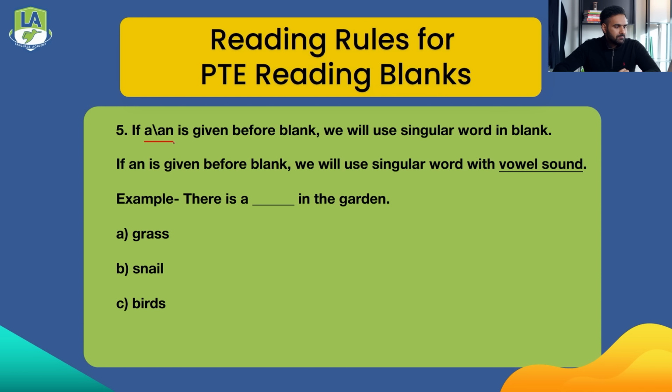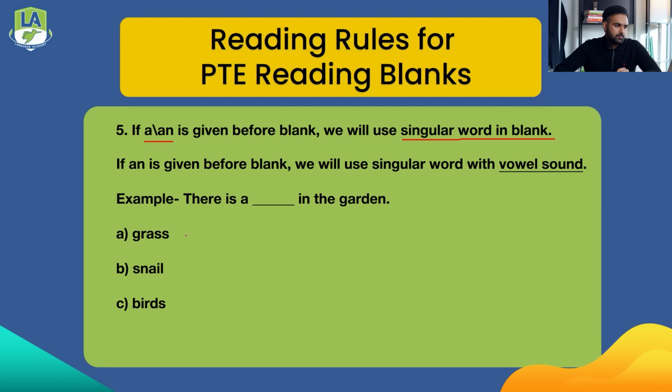If there is any blank after a or an, or if a or an is given before any blank, you will always use a singular word in the blank. For example, there is a dash in the garden. The first thing that should come to your mind after looking at this blank is that there will be a word in the singular form, not the plural form.